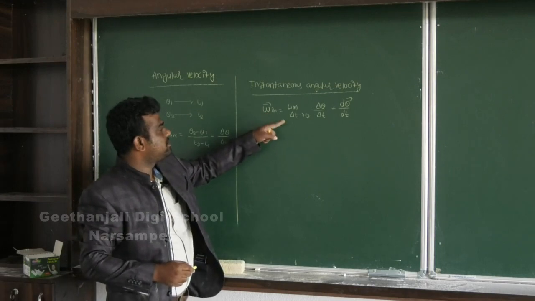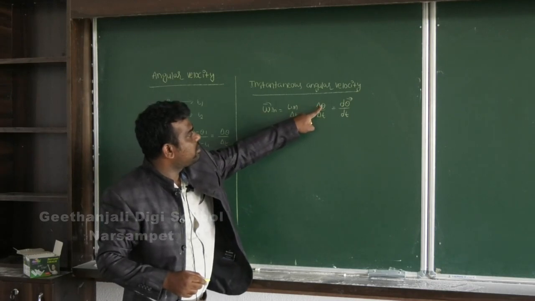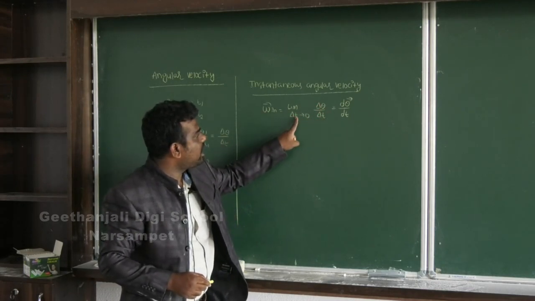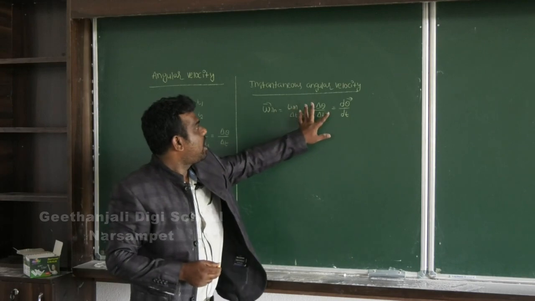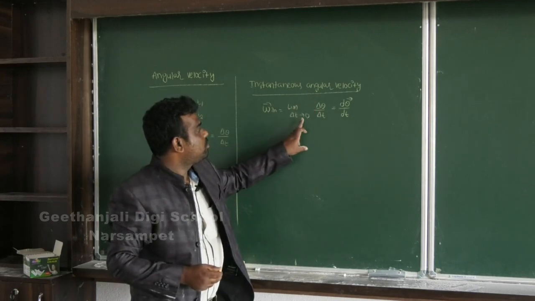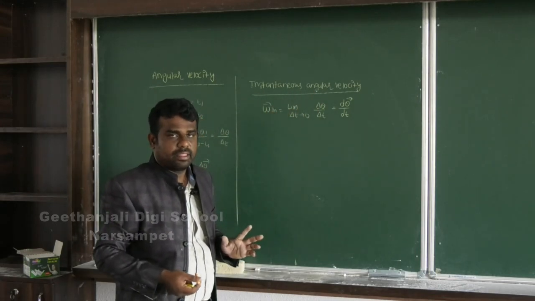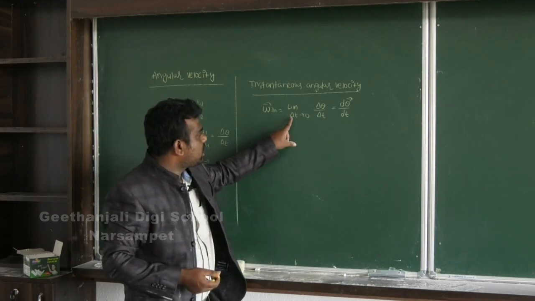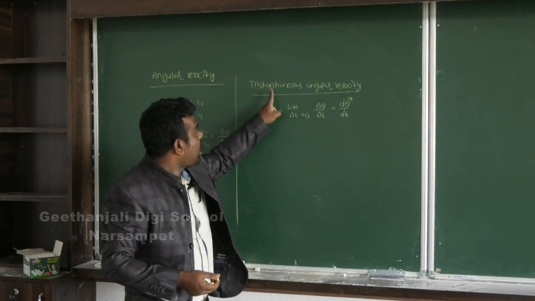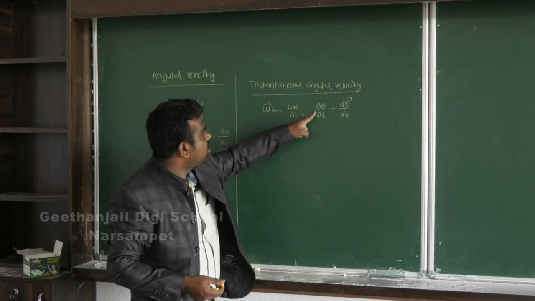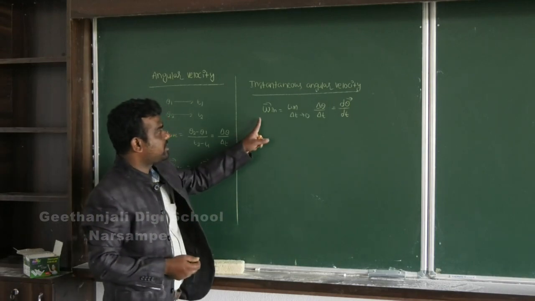Now I can define it: it is the limit of average angular velocity as delta t approaches 0. Very simple. If delta t is very close to 0, that average angular velocity is called the instantaneous angular velocity. Yes, it is also a vector quantity.